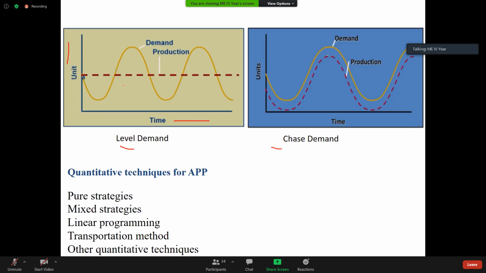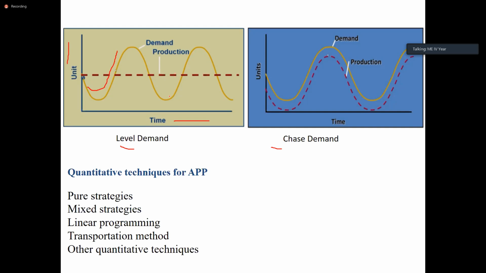Whatever the demand, it goes like this line, sometimes reduced, sometimes increased, but the level of production in your company is constant. You will manufacture only on this line. But in the chase strategy, this is the demand, and you have to chase it periodically, weekly or once every 3 days.